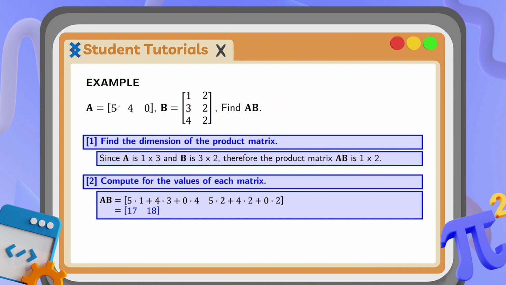And then we have the next element, which is 5 times 2, plus 4 times 2, plus 0 times 2. So when you add these terms, you'd get 5 plus 12 plus 0, which is 17. And then 10 plus 8 plus 0 equals 18. Therefore, the product matrix would be a 1 by 2 matrix consisting of elements 17 and 18.